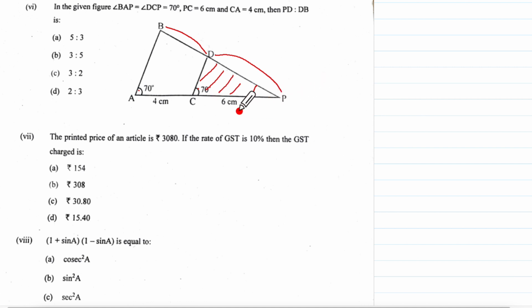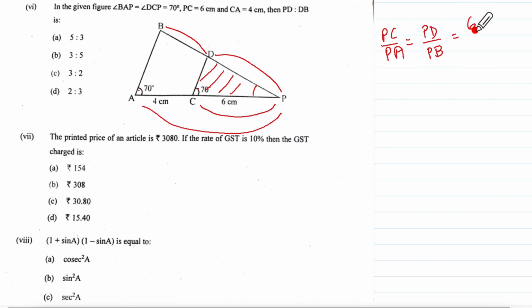So if they are similar, then PC upon PA is equal to PD upon PB. So PC is 6 centimeters and PC plus CA, that is 6 and 4, that is 10 centimeters. So it's coming to 3 upon 5, correct?